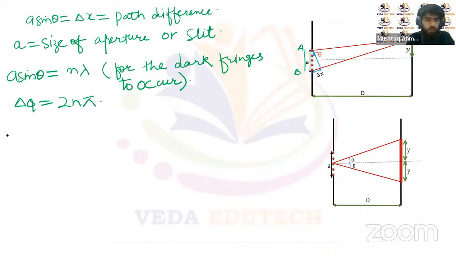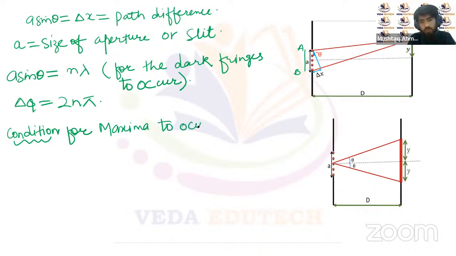Similarly, the condition for maxima to occur on the screen, or the bright fringe to occur, is that a sin theta should be equal to (2n plus 1) lambda upon 2.